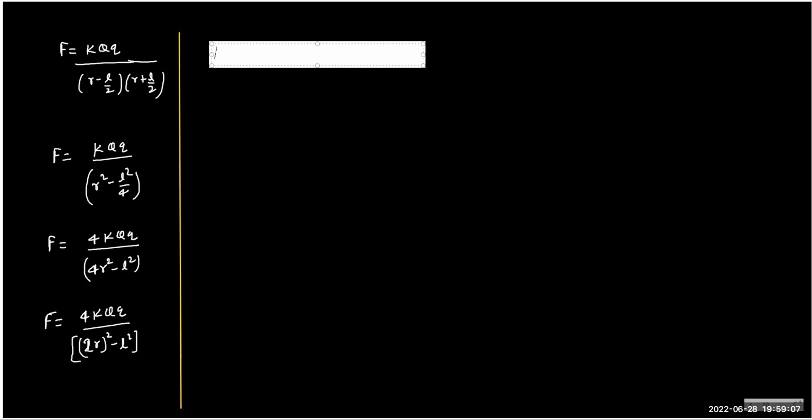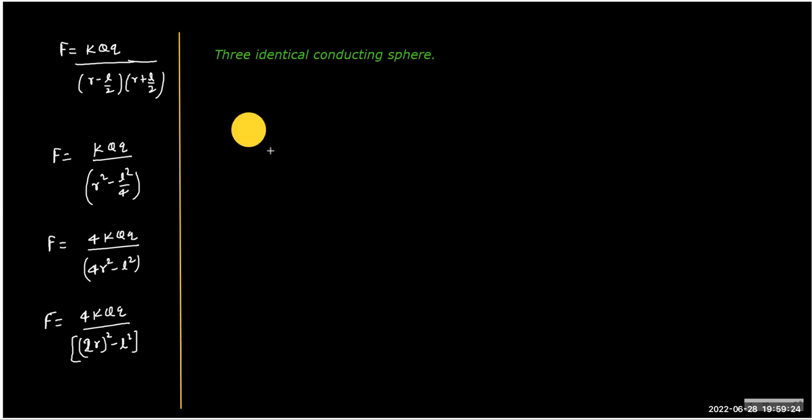Three identical conducting spheres. So you have three conducting spheres: one, two, three. Let's name them A, B, C.